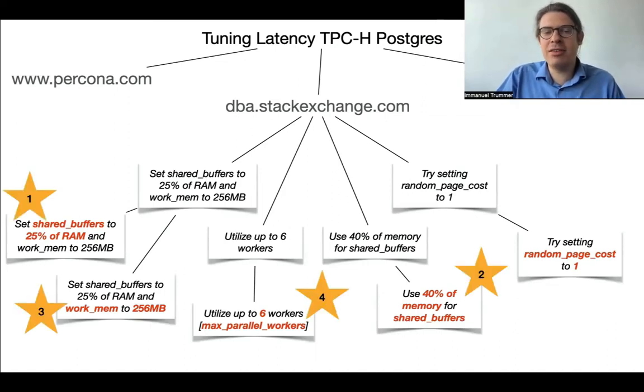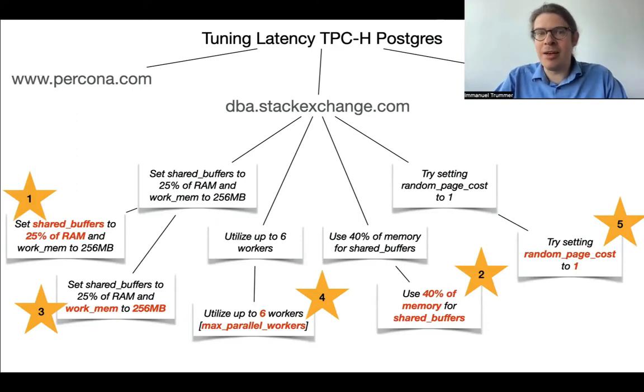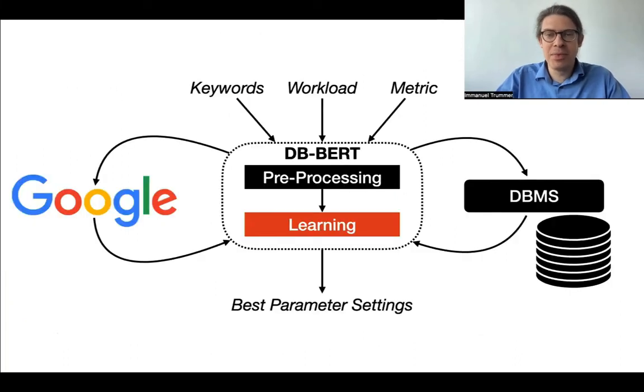And this ordering takes into account the perceived importance of the target parameter, with the assumption that parameters which are frequently mentioned on the web tend to be more important for performance. It also makes sure that we don't consider too many hints about the same parameter before switching to the next parameter. Now, that is a high-level overview of the pre-processing phase.